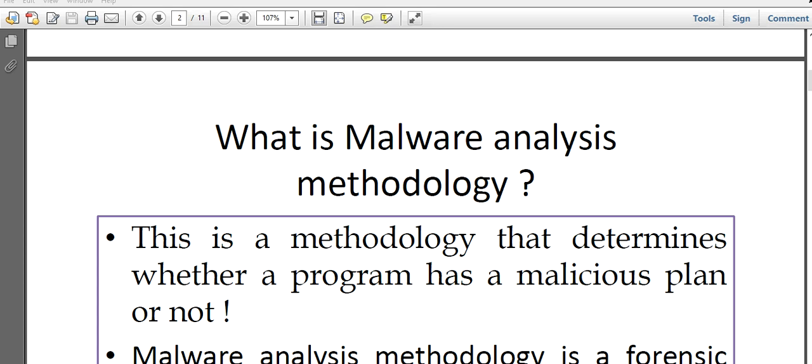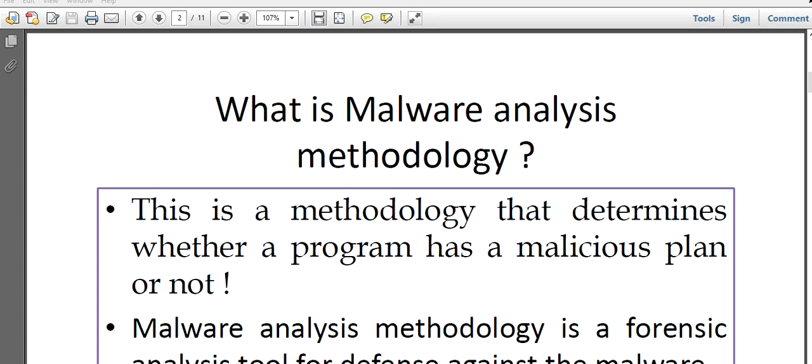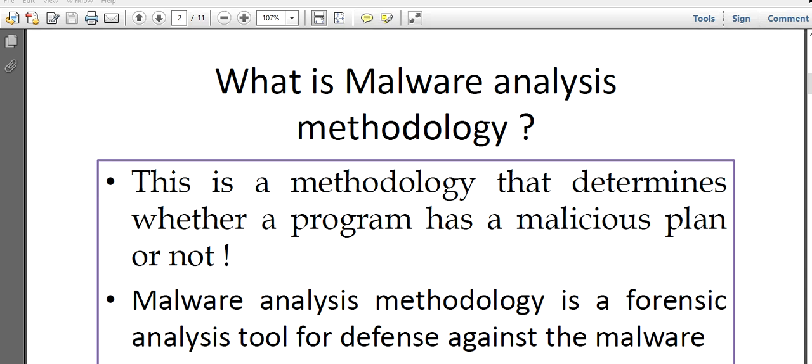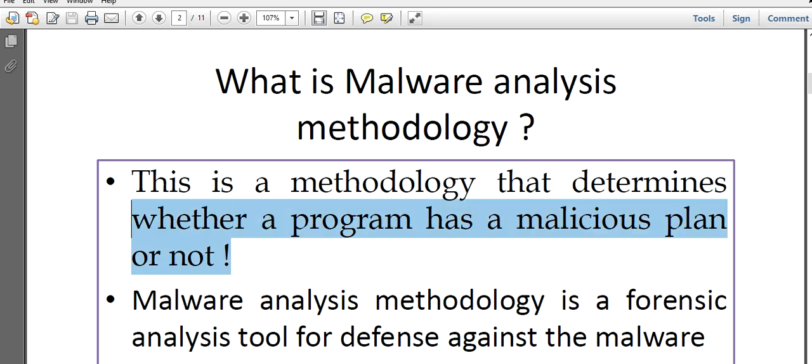So, what is malware analysis methodology? Why do we need it? We'll see why we have to analyze malware and what different methodologies are available. First of all, malware analysis methodology determines whether a program has a malicious plan or not.